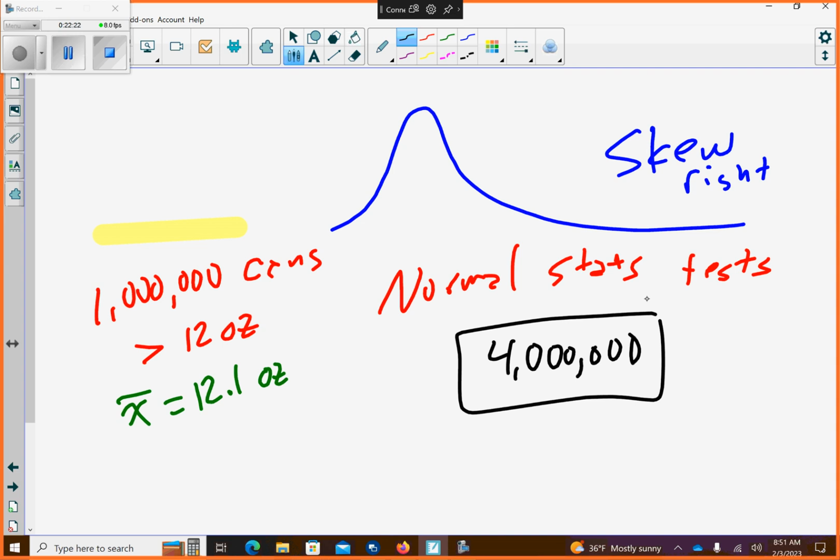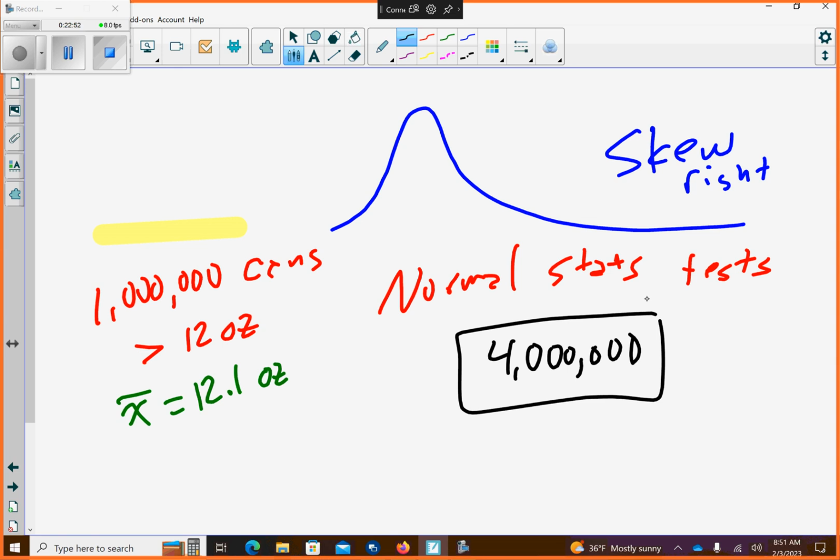Then the statisticians say, we are going to select more than 30 of these cans at random. They're going to use a random number generator to pick a certain amount of cans, and some poor soul has to go and figure out where these cans are.